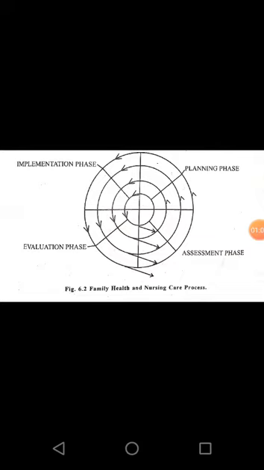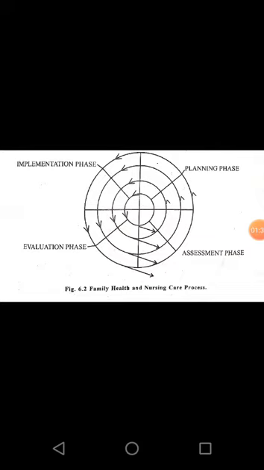Then we will be doing the planning phase. We will prioritize the needs and problems what we have already noted from the family and we will plan. Further, we move to the implementation phase. With the available resources, what we can do for the family, how we can implement the plannings what we have already done. And last, we have to evaluate.